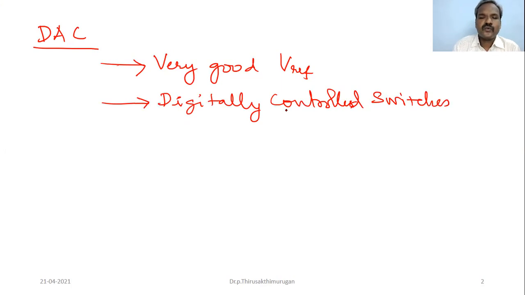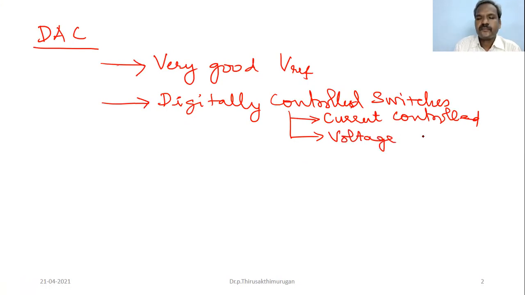Basically, there are two types of switches in the DAC available in the literature: one is the current controlled switch, and the other is the voltage controlled switch.